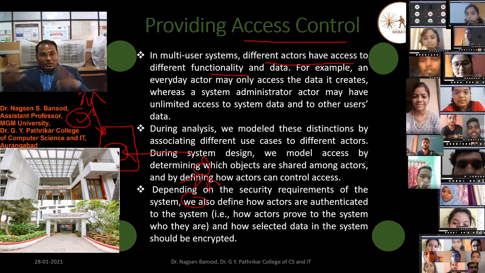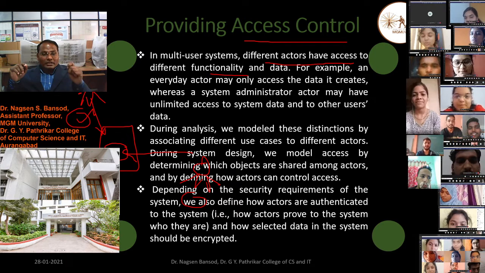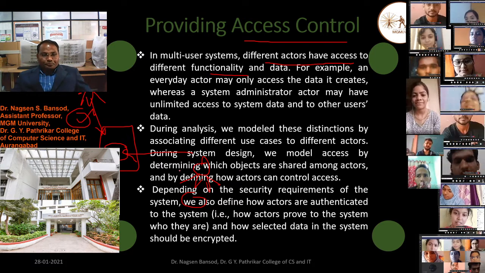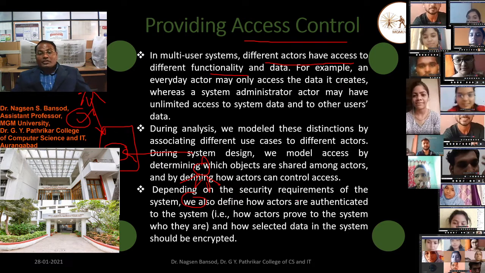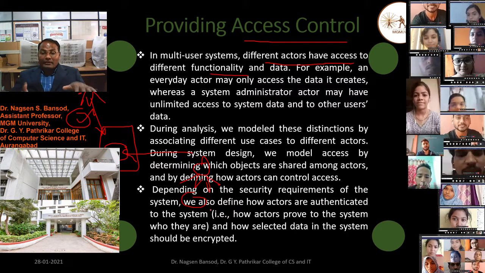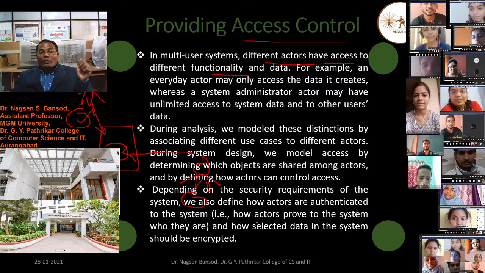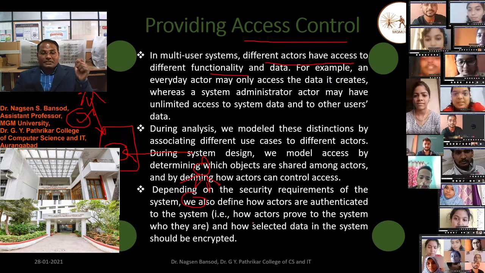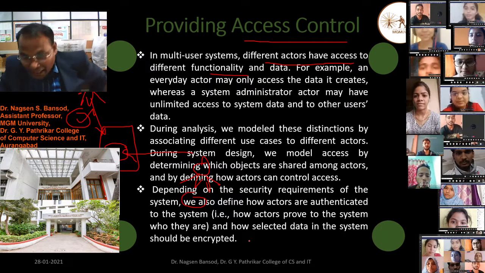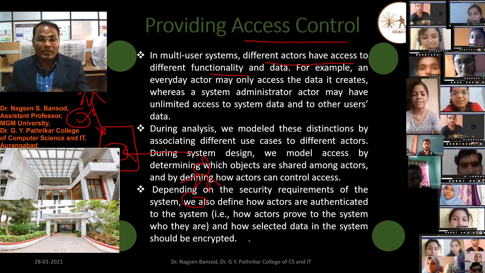There we should not need that much authentication. Depending on the security requirement of the system, we also define how the actors are authenticated to the system. That's how actors prove to the system who they are, and how selected data in the system should be encrypted.